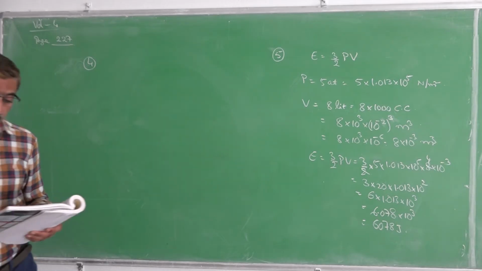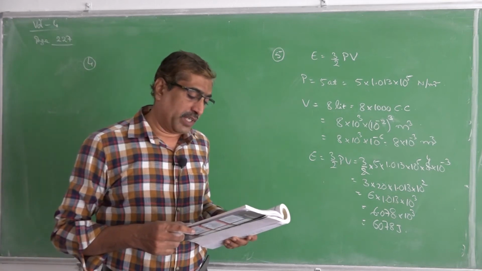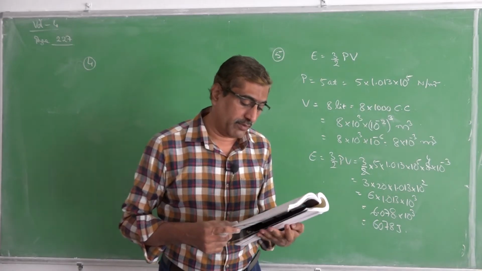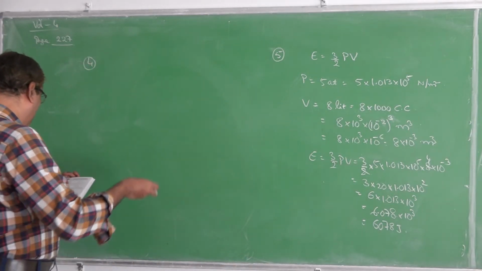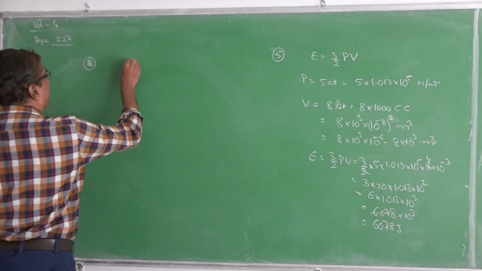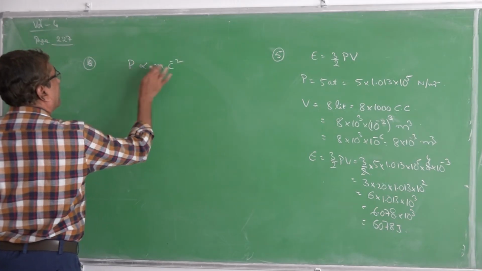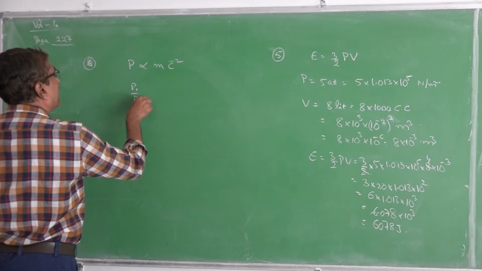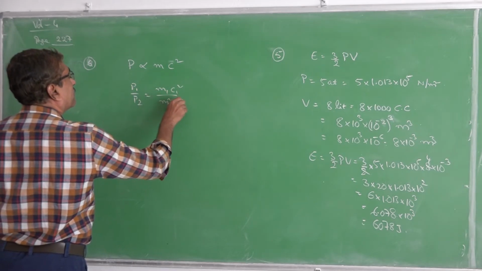Now the sixth one, a gas at a pressure P0 is contained in a vessel. If the mass of all gas molecules are doubled and their speeds are halved, the resultant pressure will be, similar to the first one. Pressure is proportional to m and c squares. So P1 by P2 is equal to m1 c1 square by m2 c2 square.